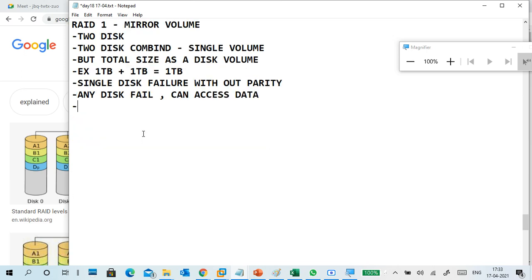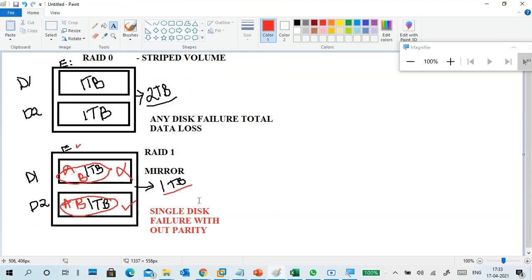But there are disadvantages. So what is the disadvantage in disk failure? For example, both disks have data, no problem. But if one disk fails, for example this disk fails, this disk is working, data is accessible, no problem.